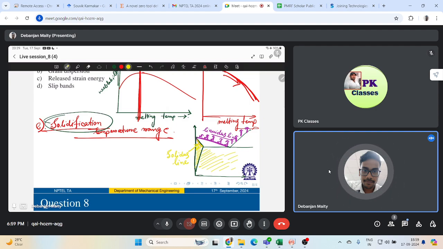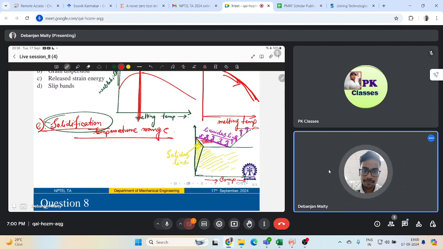Of course, there will be some phase transformation in your structure, but I'm not going in that direction. As of now, I am talking about the range of temperature. So there will be a range of temperature through which my melt will solidify, depending on your composition also. So this is my composition. Depending on the composition of your metal alloy, your solidification temperature range will also change.